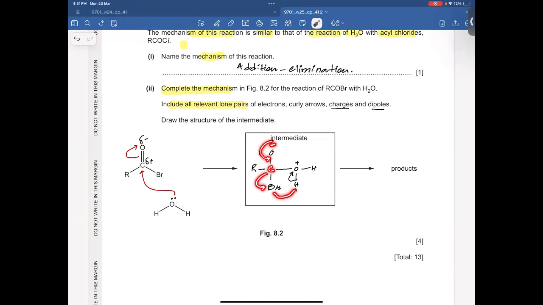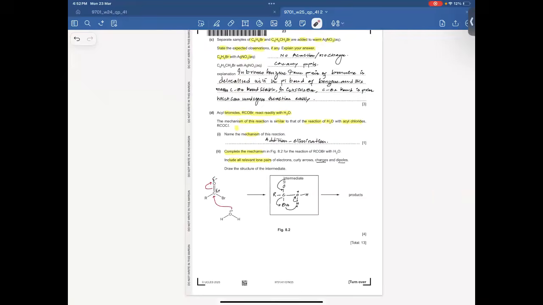Bromide ions combine with hydrogen ion to give HBr. All right. And the electron of hydrogen goes towards oxygen so that उसका ये positive charge खत्म हो जाए. So oxygen pulls the electrons from hydrogen to eliminate its positive charge. Bromide reacts with hydrogen ion to give HBr, and this lone pair forms a bond again between carbon and oxygen to form the product. That's tricky. That's what we have done in the class. I'm so happy. That's the end of this question.